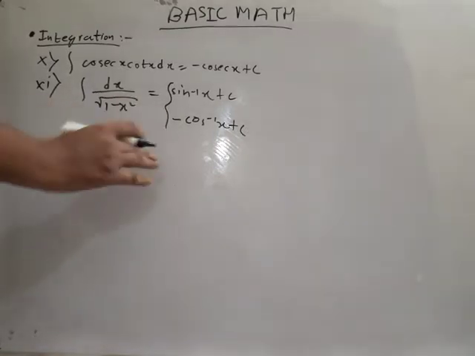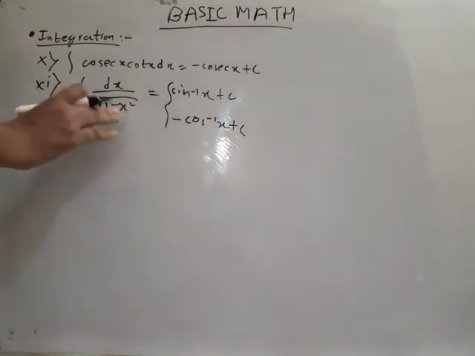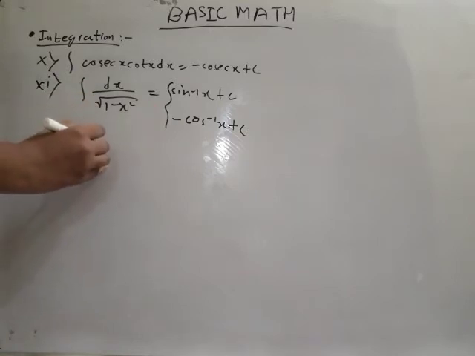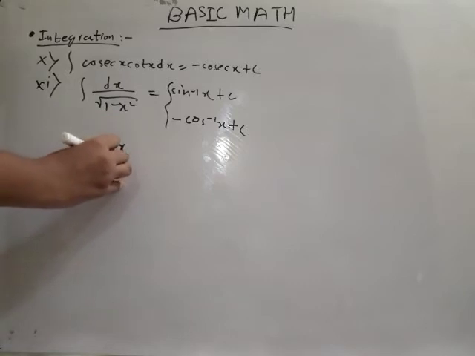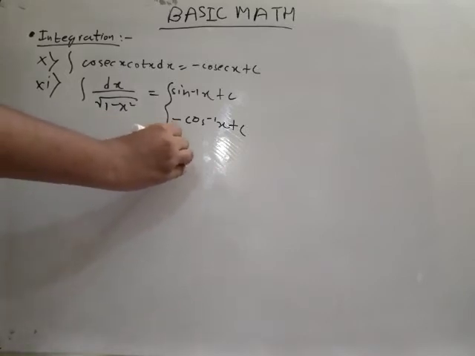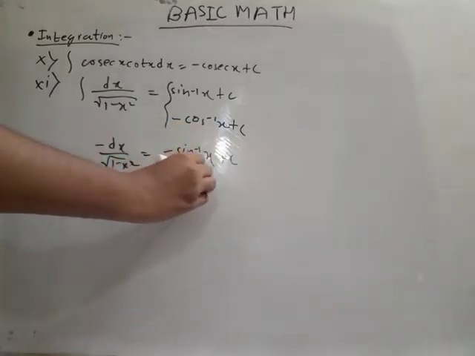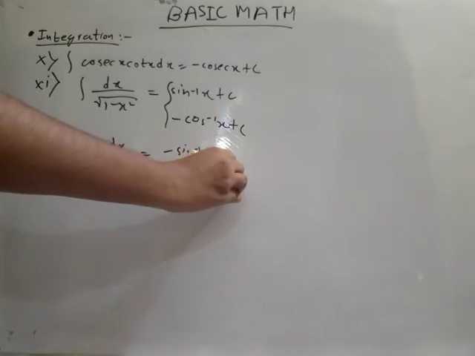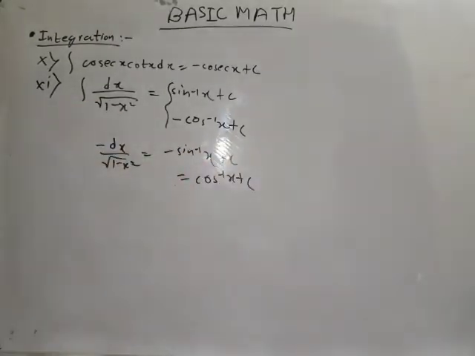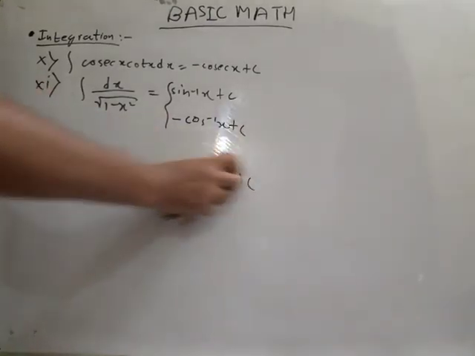So just remember this, because if minus dx by root under 1 minus x square comes, similarly it equals minus sin inverse x plus c, which equals cos inverse x plus c. Please remember this. I will not write it down because this is a simple concept of plus and minus.